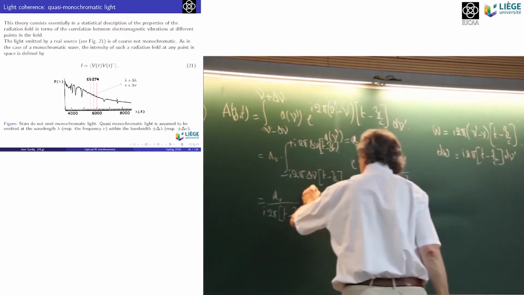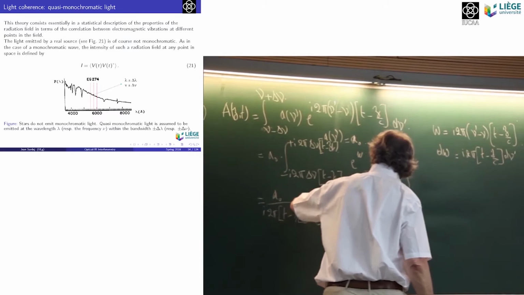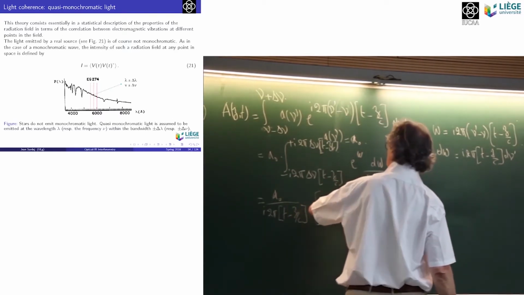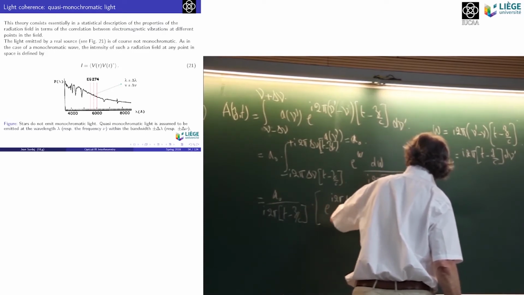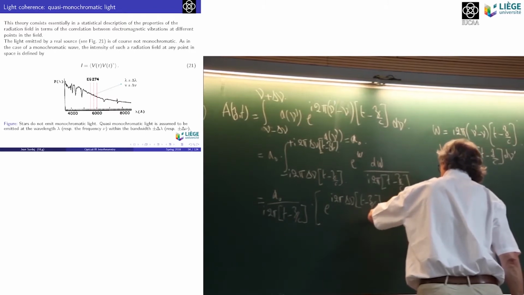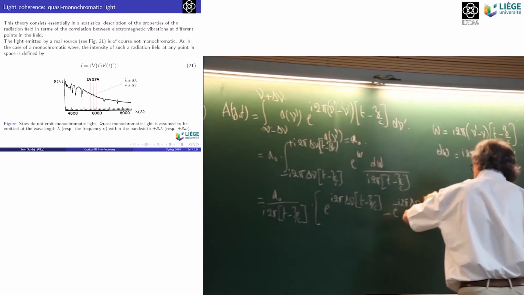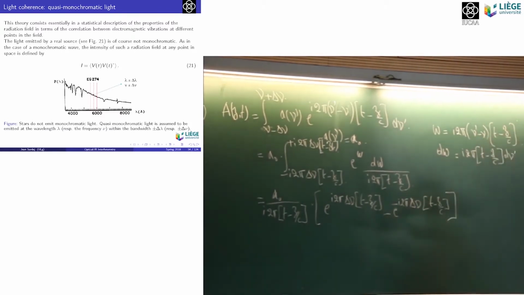So it will be e to the i 2 pi delta nu times t minus z over c minus e to the minus i 2 pi delta nu times t minus z over c, and I close my parentheses.